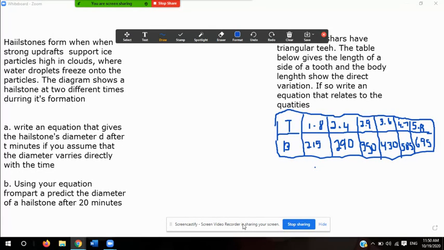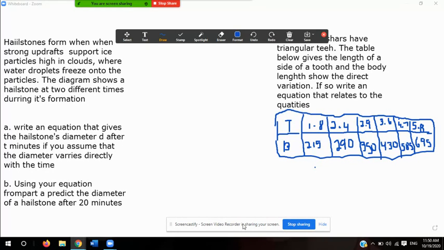So let's look at this example right here. It's an example about hailstone formations. The problem reads: hailstorms form when strong updrafts support ice particles high in clouds, where water droplets freeze onto the particles. The diagram shows a hailstone at two different times during its formation.